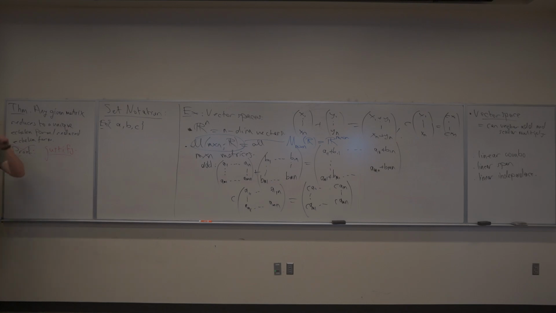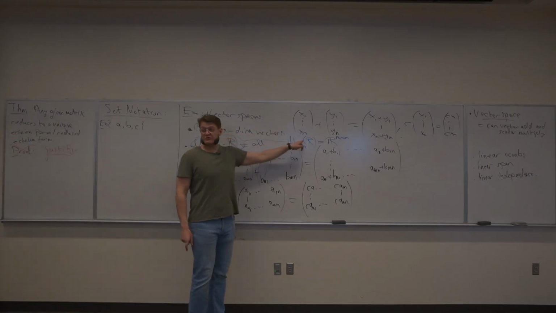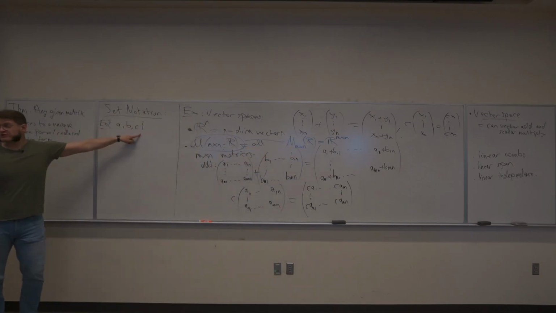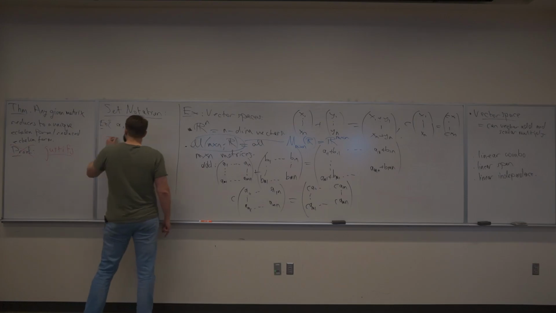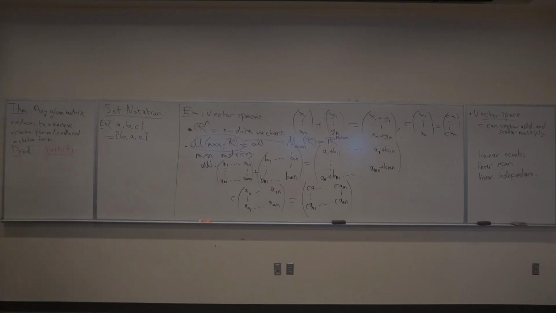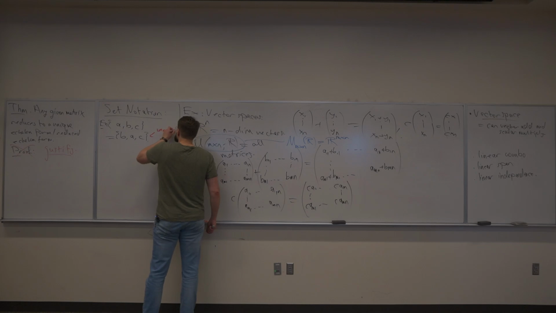The textbook uses brackets, or instead I'm using parentheses like this. These are ordered, okay? The order matters here. If you see the curly brace notation, the order does not matter. That's the difference. So this is the same thing as BAC, for instance. So that's a set, or unordered list.